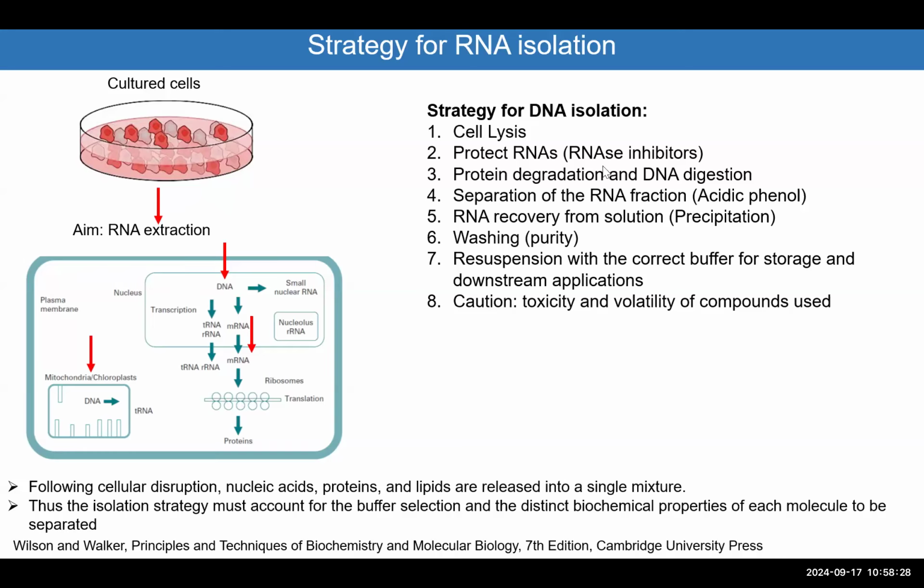And since they are so stable, they can function at different conditions. So you want to have RNase inhibitors on board from the beginning in the process. Then you want to degrade DNA and proteins, and then separate the RNA fraction. You have to make sure that you have the acidic phenol, and the same steps go for RNA all the way: precipitation, washing, and resuspension.